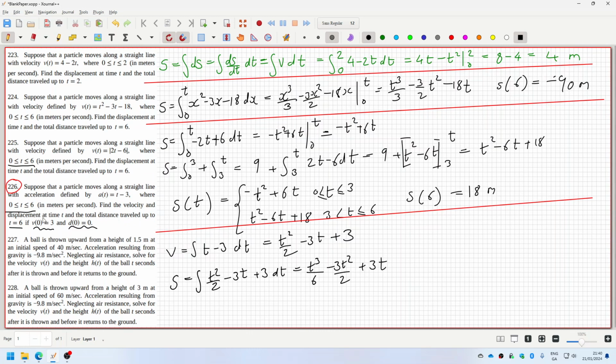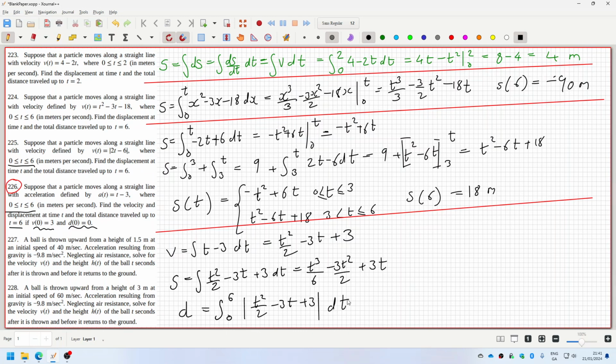Find the velocity and displacement at time t and the total distance traveled up to t equals 6. So the total distance traveled would be the integration from 0 to 6 of the absolute value of t squared over 2 minus 3t plus 3 dt.